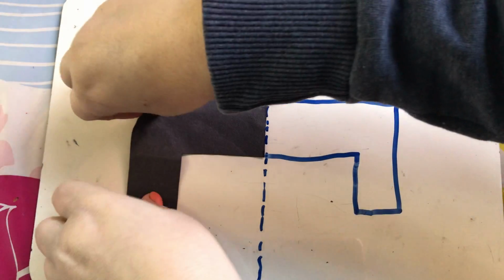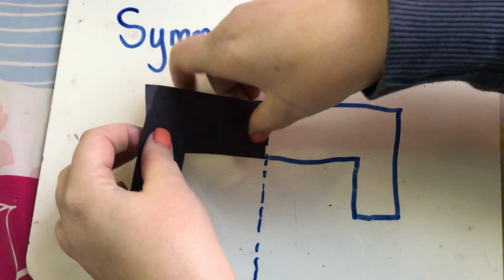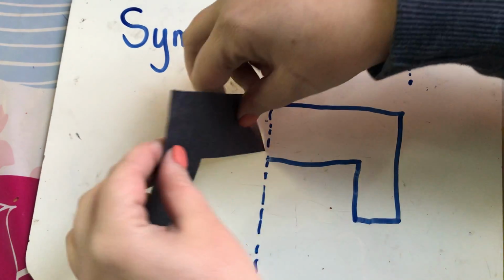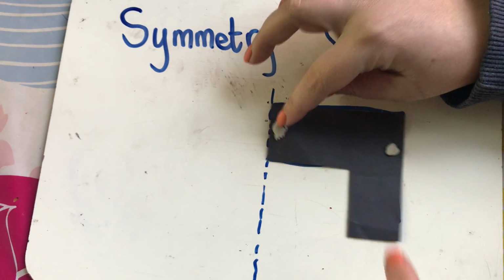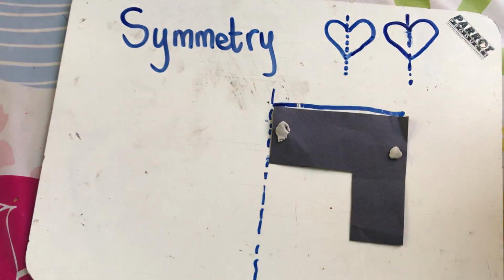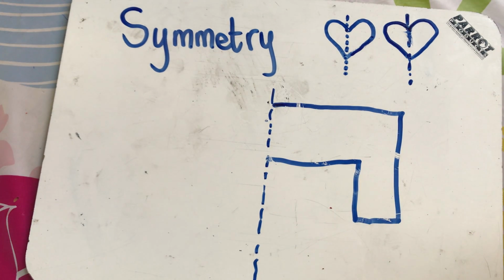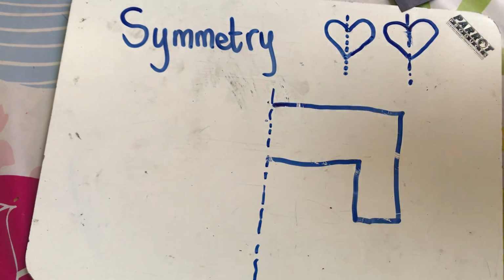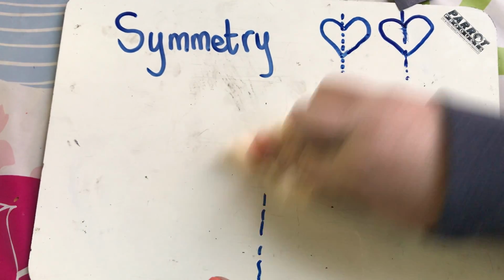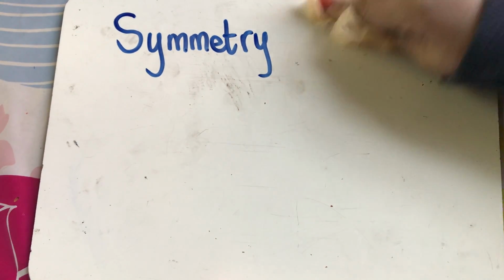It's as if you folded this open. If this was the shape over here and you folded it open, it would look like this. You flipped it over, it would look like that. All right, good. So that is symmetry. That is what symmetry is. Now the kids in the class did a few practice ones. So I'm going to give you a few practice ones as well.